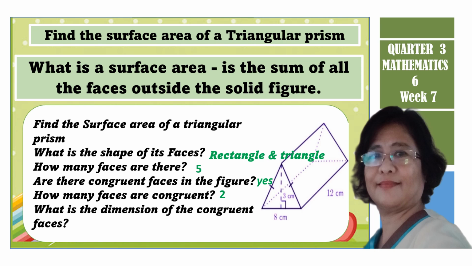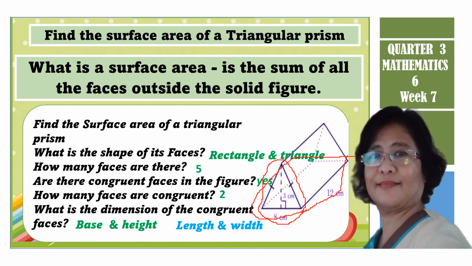For the triangle, we're going to look for here, and the dimensions found are the base and the height. And for our rectangle, we're going to look for this figure. We found the length and the width. Okay, we are now ready to find the surface area of the triangular prism.